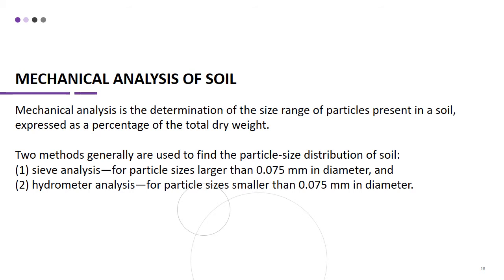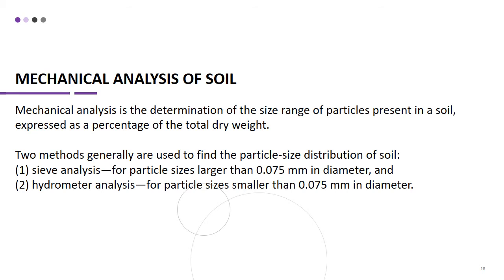For example, we would say 30% of the total dry weight of this soil that we have obtained is gravel. We could also say 20% of the total dry weight is sand. That is how we interpret the results for the mechanical analysis of soils.